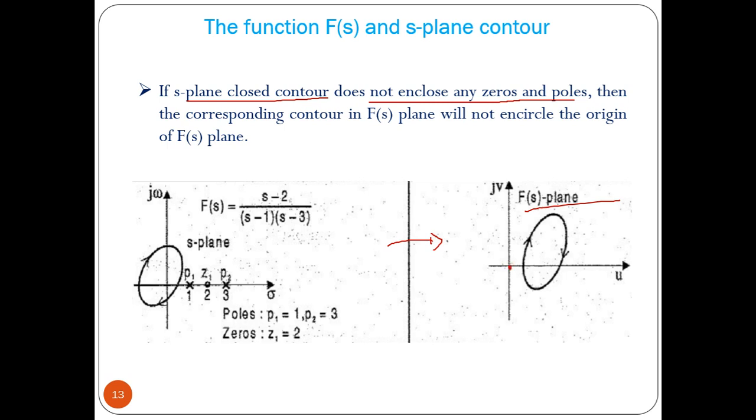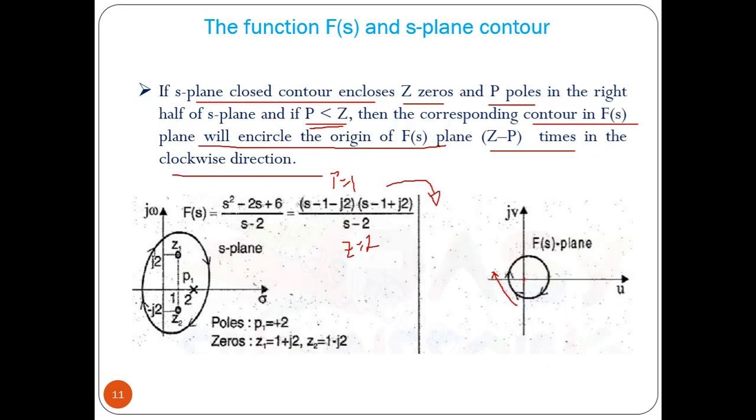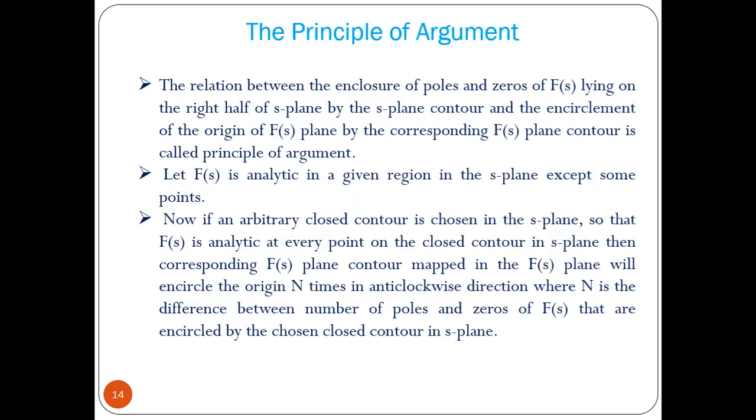The corresponding contour in the F(s) plane will not encircle the origin of the F(s) plane. So this is the logic that you have to know. These are the main points. Using that we have to find out the concept of the Nyquist stability criterion.